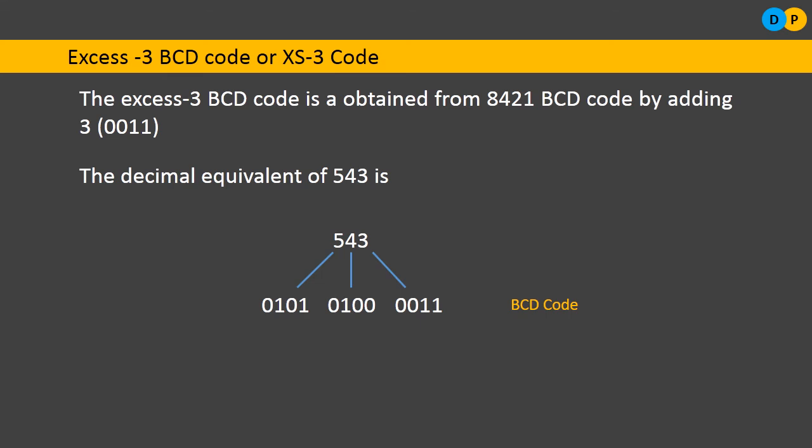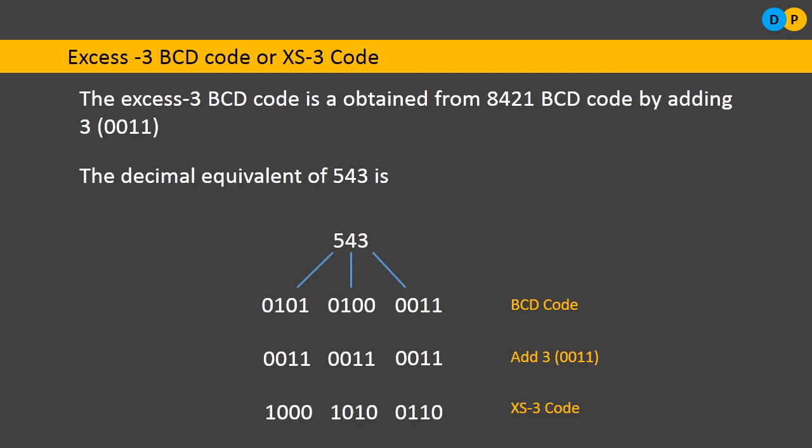So what we are doing is, for each digit, that is for 5, for 4 and for 3, we will be adding the binary equivalent of 3. What is the binary equivalent of 3? That is 0011. Please notice, for 5 we are adding 3, for 4 we are adding 3, and for 3 we are adding 3 again. If you add the binary equivalent of 3, there will be a change, and the value you get after adding 3 is the XS3 code.